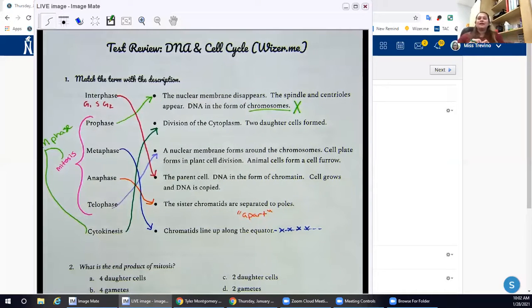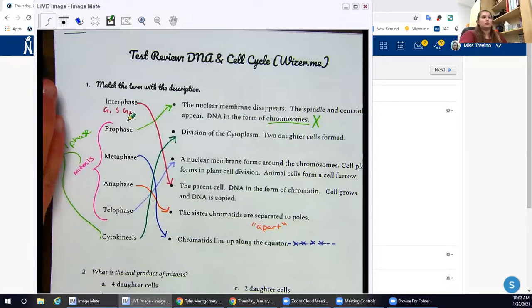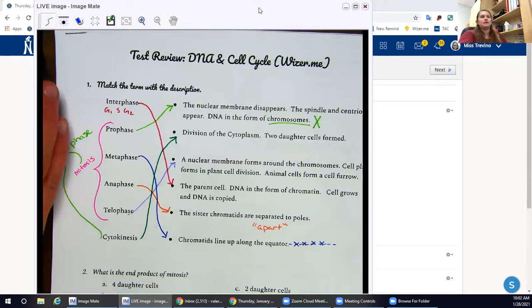And that's where we finally have two separate daughter cells. Any questions on number one, matching up the phases? All right, let's keep going then.